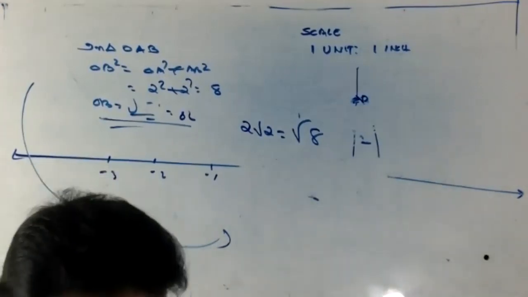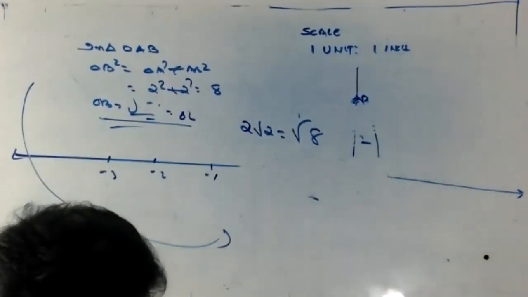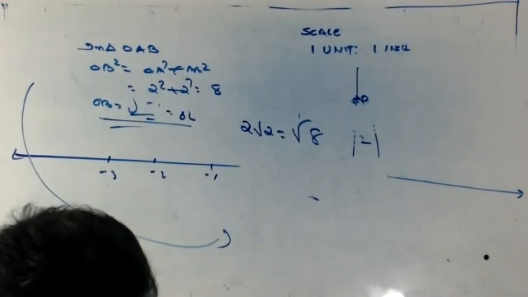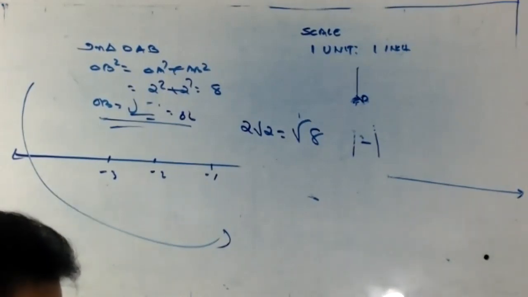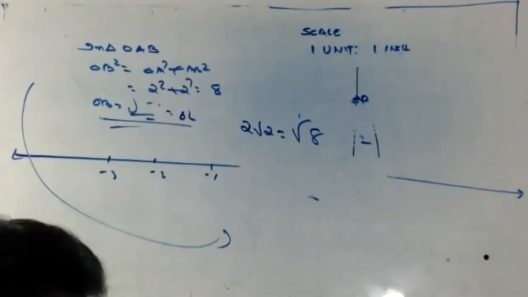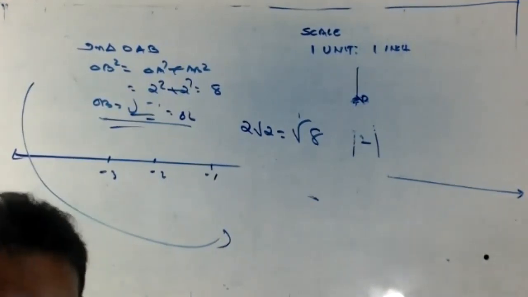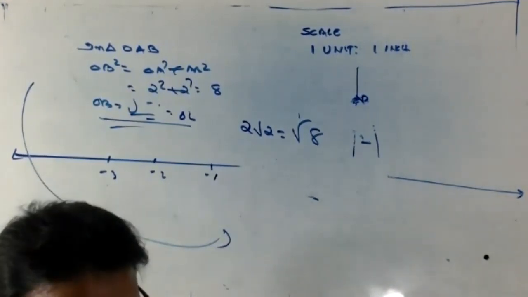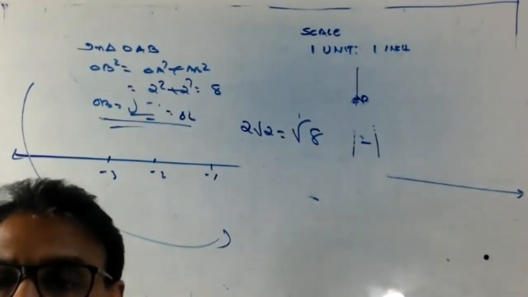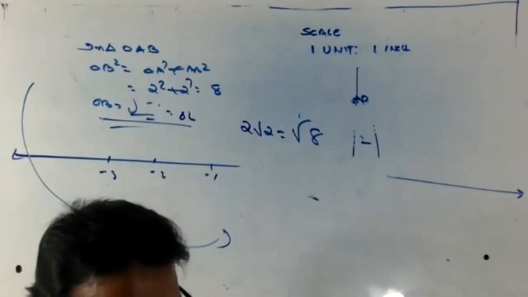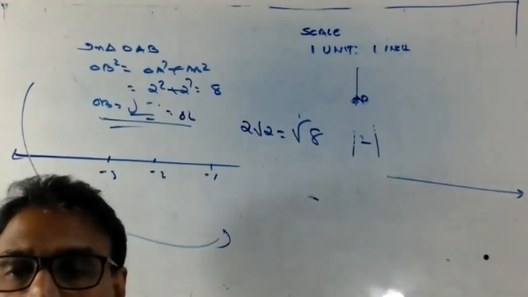Vidya, listen, how is this correct? You took 3 units, okay. What about AB, how much did you take?